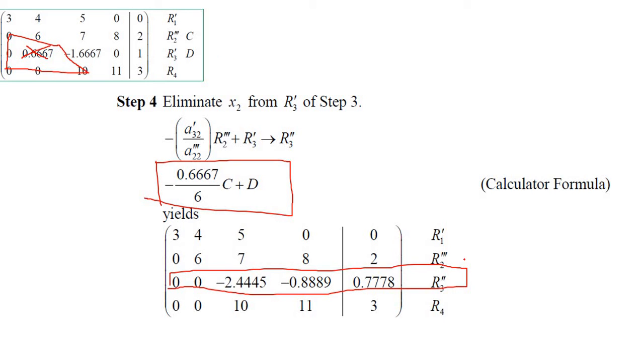Okay, then we are done. We will proceed with our next one. However, here we already have 0, so we do not have to do anything because it is already 0. We do not have to eliminate 0 because it is already eliminated. So we will proceed with our next column.